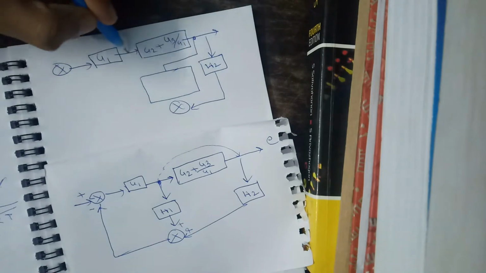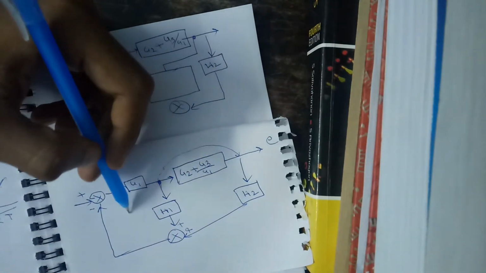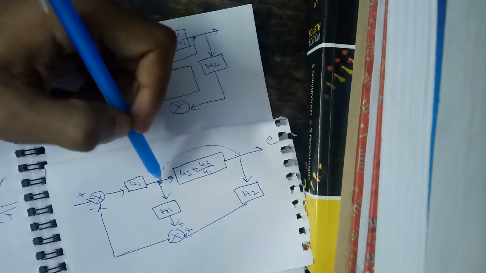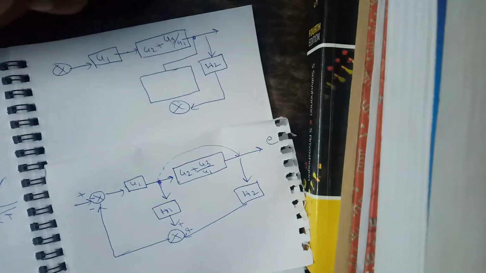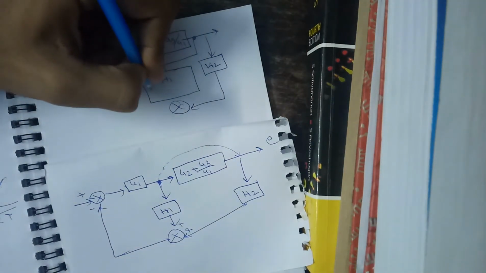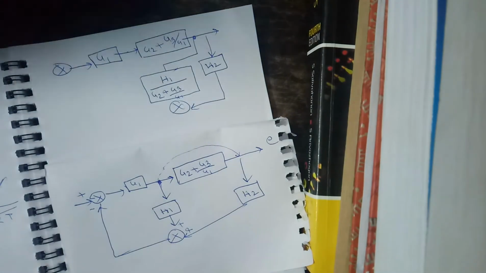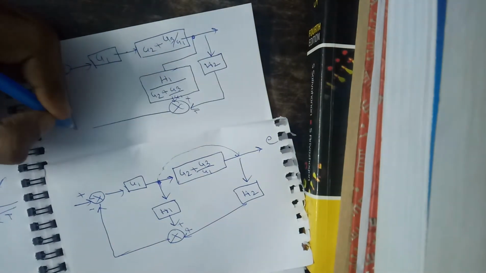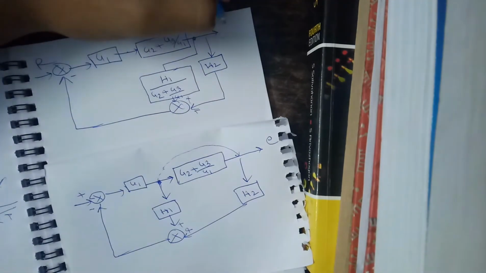The takeoff point was out here in this block. Now I move it out here. So what happens to this block? It will be divided by this block gain. That is, H1 would be divided by G2 plus G3 by G1, and this is added, and then it goes to the negative feedback.